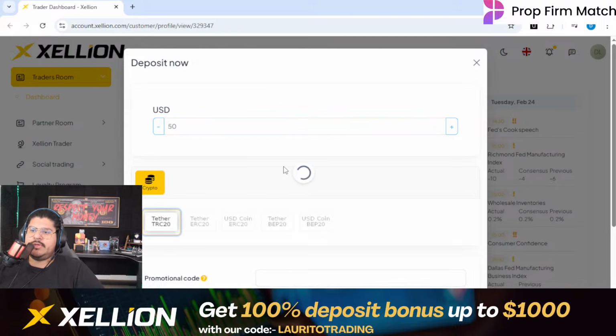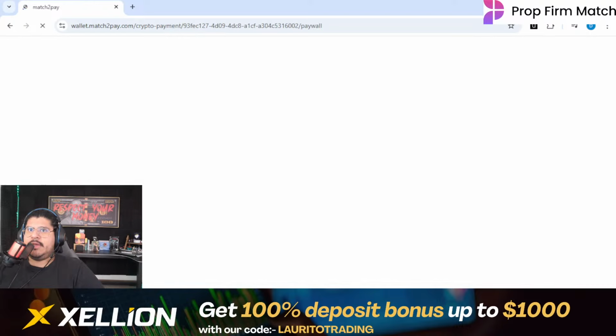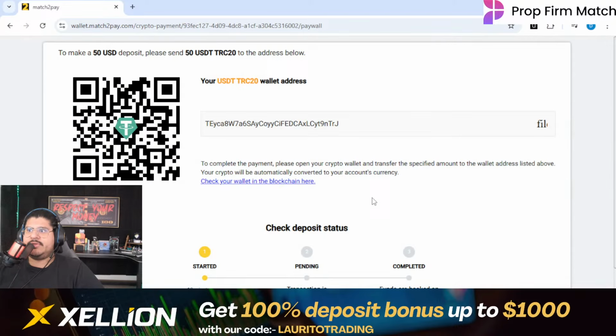There you will go to TRC, or you can use ERC20, USDC, or BEP20 with no issues. With Tether, I just recommend TRC20, it is the easy way. Then just go to the deposit. As simple as that, you will receive this information.